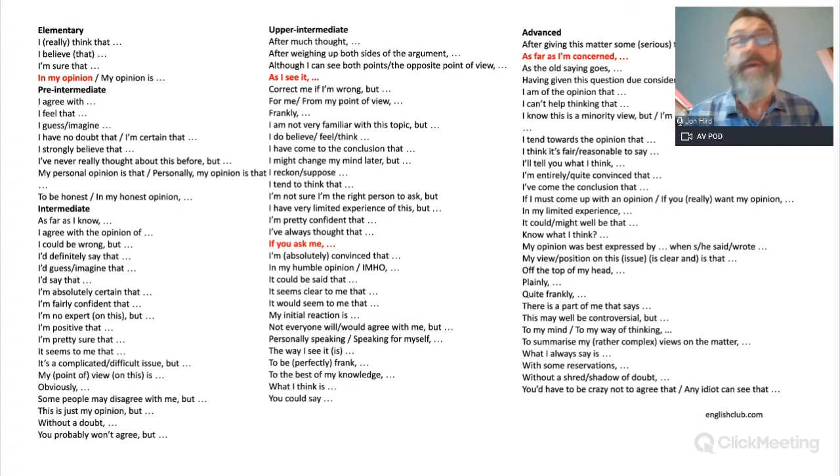In my opinion is basically twice as frequent as as far as I'm concerned, which is probably, just doing the quick maths, about 4 or 5 times as frequent as if you ask me, and it's about 20 times as frequent as I see it. So according to the corpus, for every 20 examples of in my opinion, you might get 1 example of I see it, which I think is useful for us to know. So I think we can pass on to the students, of all these, in my opinion is actually the most frequent, and therefore possibly the most useful.